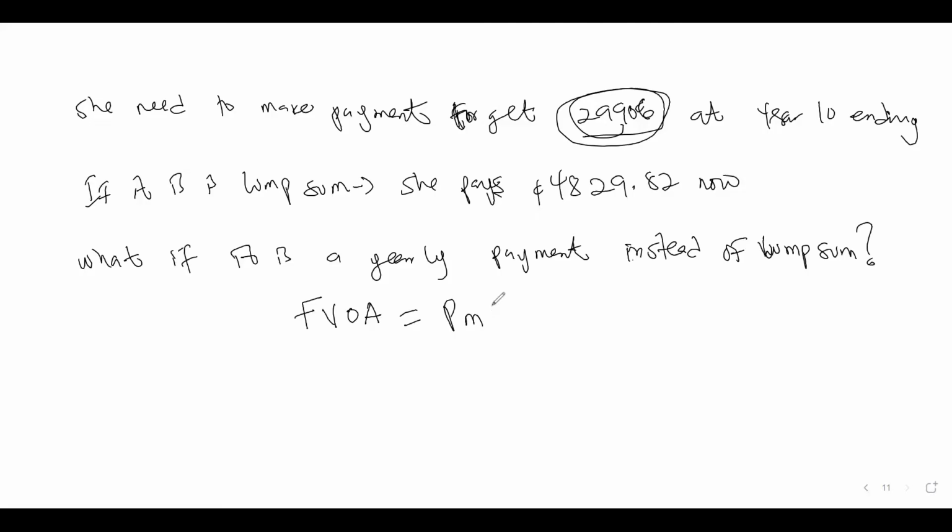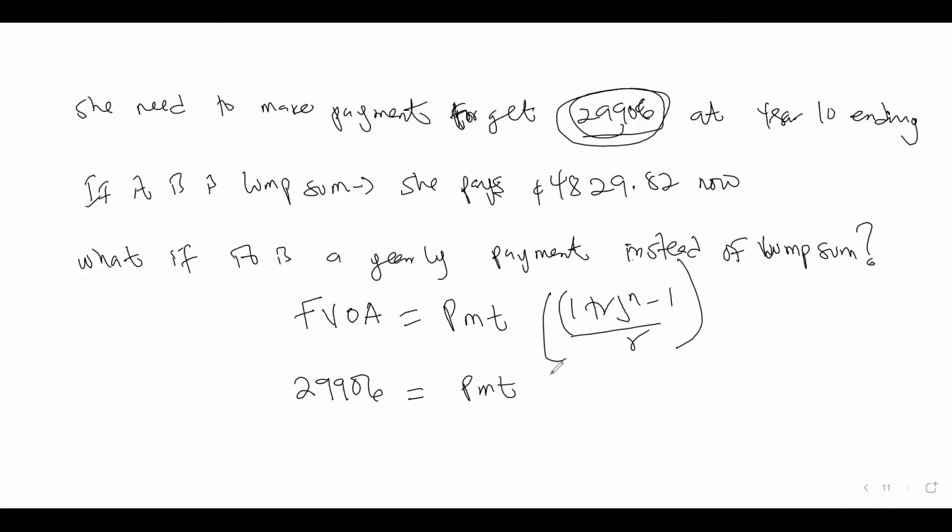So the payment we don't know, and the formula is 1 plus r raised to the power n minus 1 all over r. So we now have 29906 is equal to the payment we don't know, times bracket 1 plus 0.2 raised to the power 10 years, minus 1, all over 0.2.